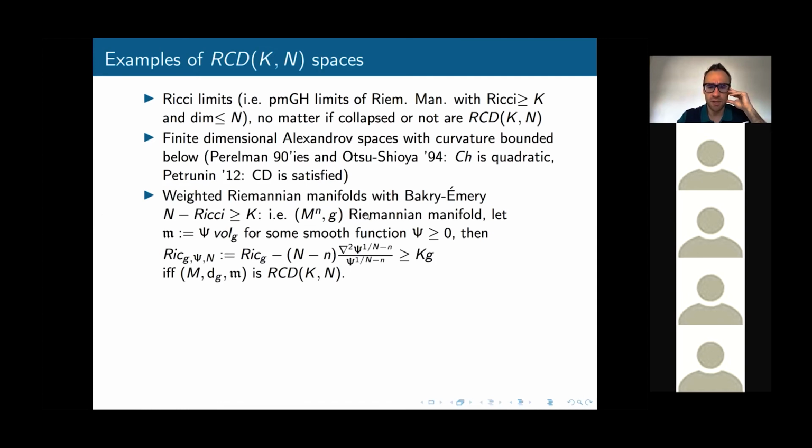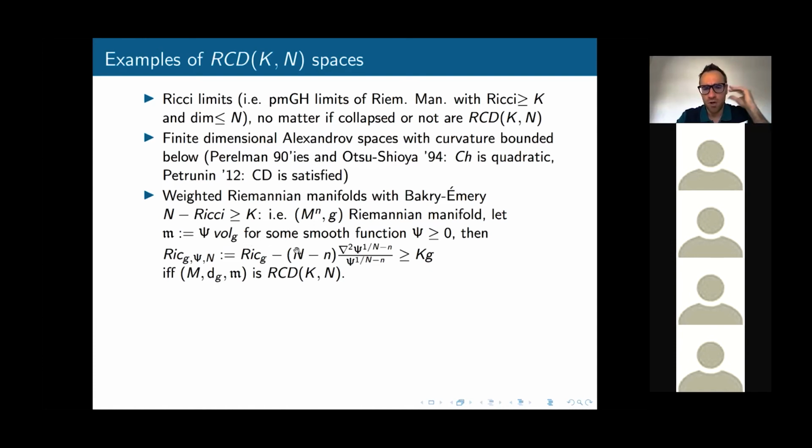Indeed, consider a smooth Riemannian manifold, M^n, with a metric g, and consider the weighted measure. So you are considering the measure m to be the volume measure multiplied by a smooth weight, a smooth function psi, and you get this reference measure m, which is a multiple by a function of your volume measure.